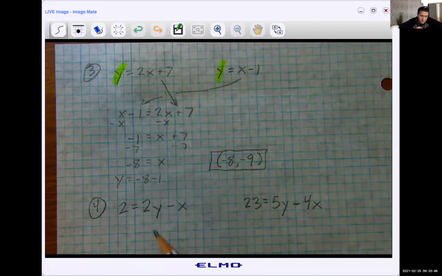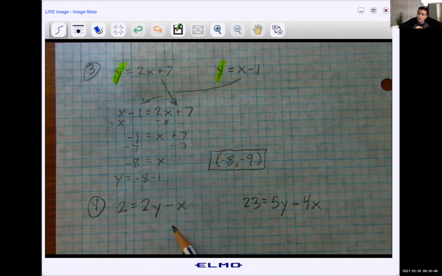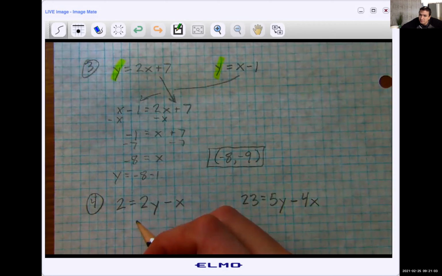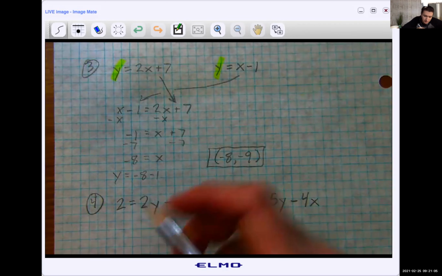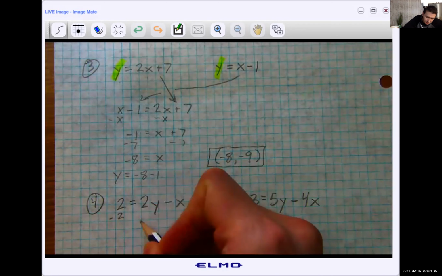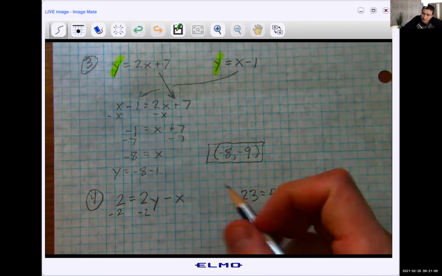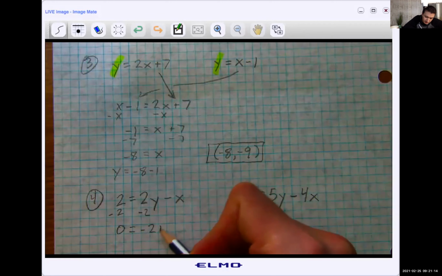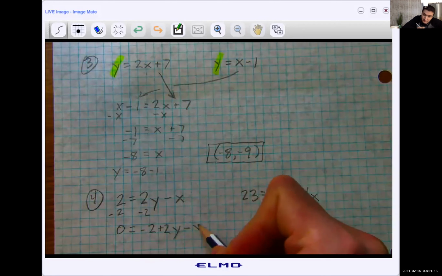Those of you that chose the first one to change, can you tell me what you got when you changed it? I think that could help for those of us wondering. Thanks, Tina. So it looks like you could go -2, and so you'd have 0 equals -2 plus 2y minus x.